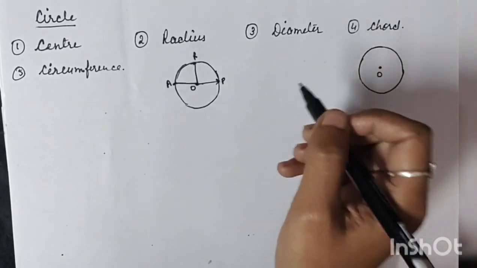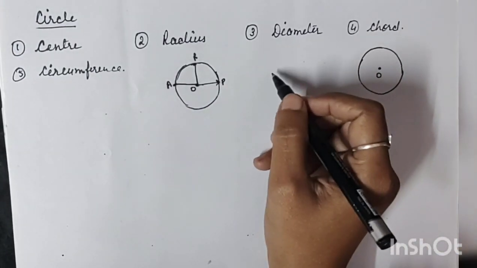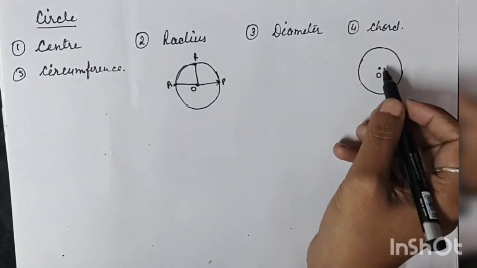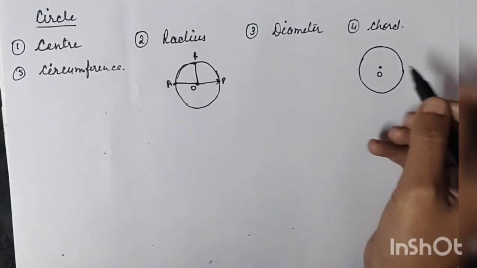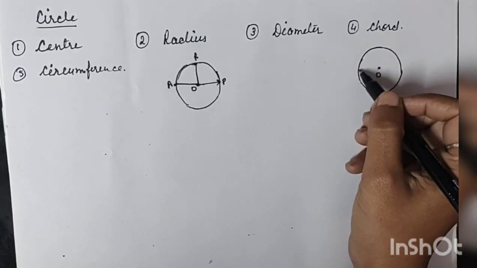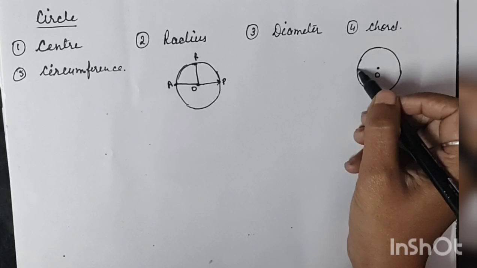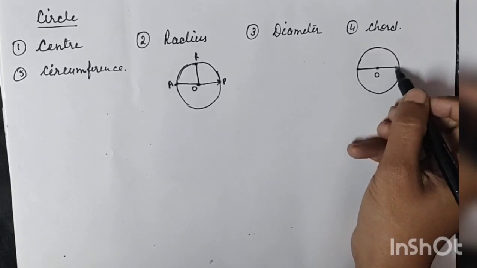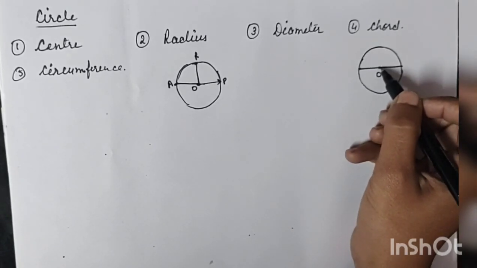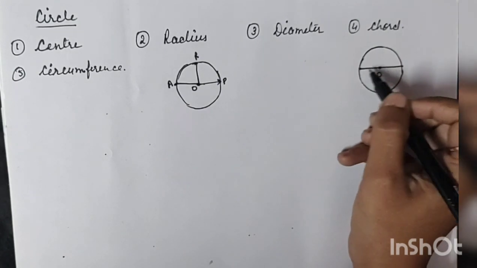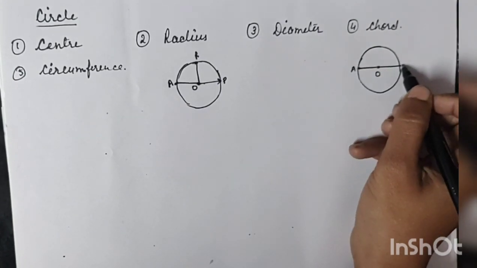Next one is diameter. What is diameter? See, this is your circle. Diameter is the length from one point on the circumference to another, and it must pass through the center of the circle. This is known as diameter. See, right?